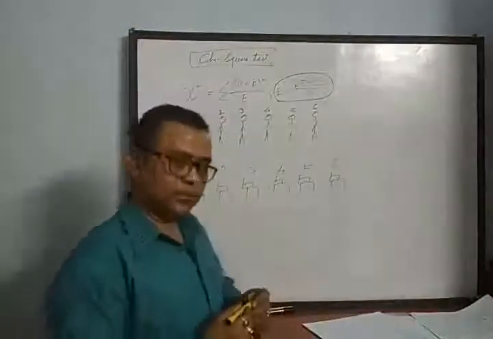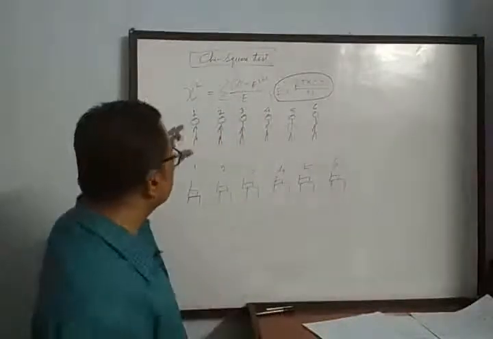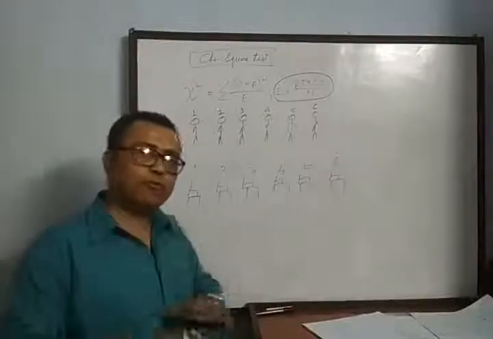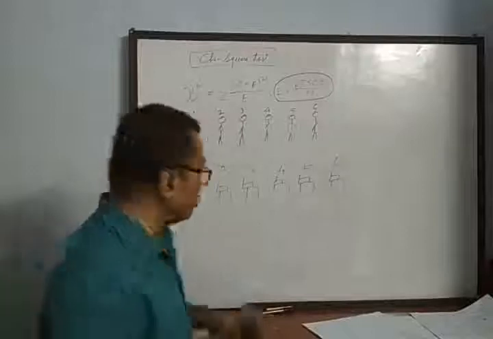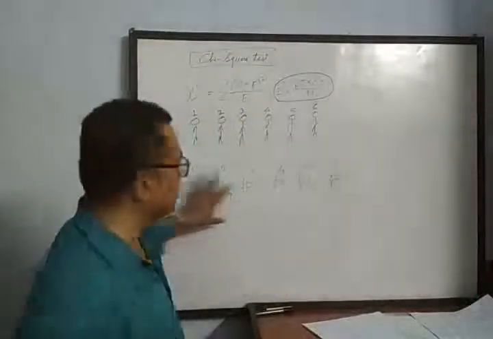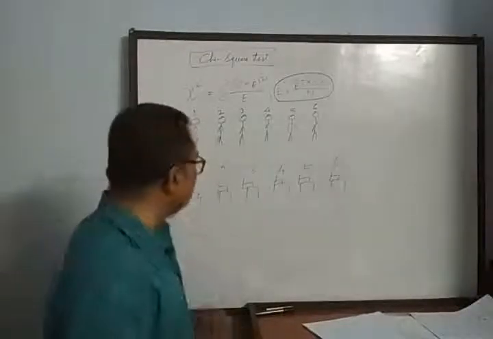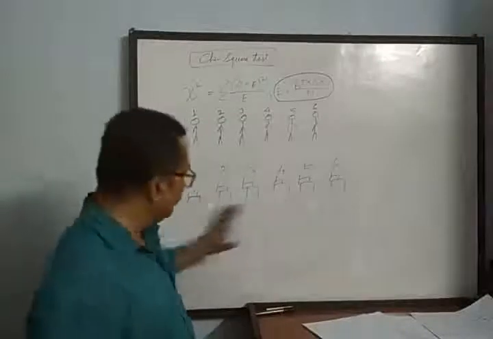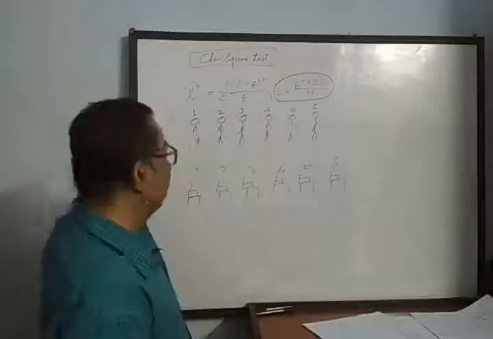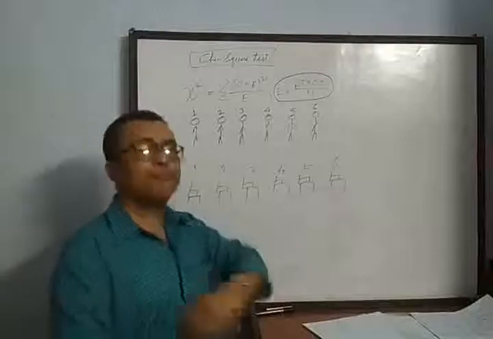Now think, if you were person number 1 and you are free to choose any of these chairs, what will be your probability of choosing out of these 6 chairs? You can choose either the first chair, or the second, third, fourth, fifth or sixth chair.